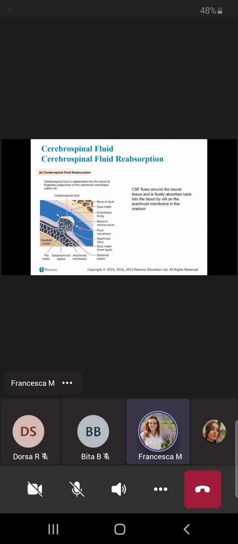So it is localized around all the brain structure. This is the cerebral cortex, the pia mater, the subarachnoid space where the cerebrospinal fluid is located, then the arachnoid membrane, and then the dura mater, this inner layer that is in contact with the sinus, where the villi are going to be located for the reabsorption of cerebrospinal fluid into the blood.